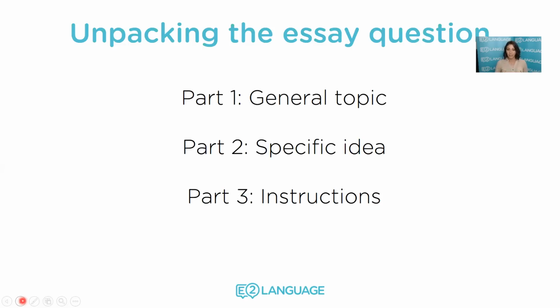The specific idea here was that we should ban cars in large cities. So banning the cars. This is the specific idea related to the topic. And then part 3 is usually your instructions, an explanation of what the essay requires you to do.